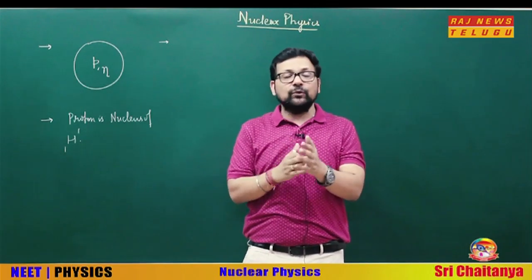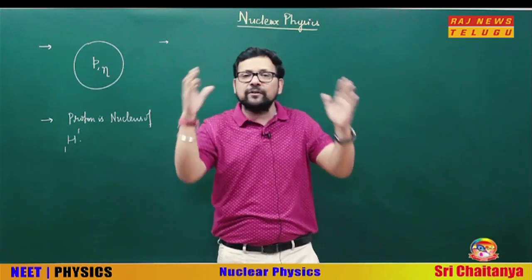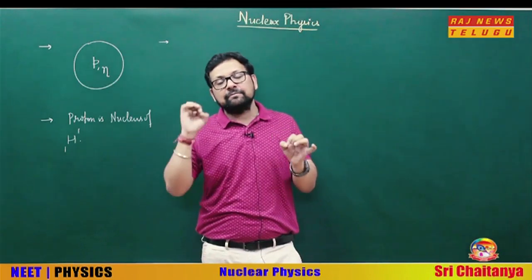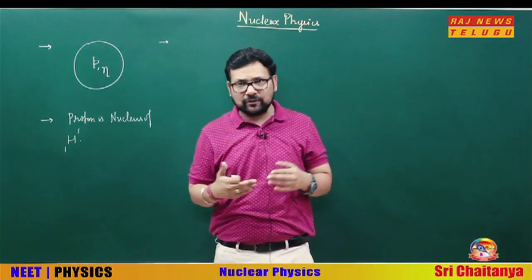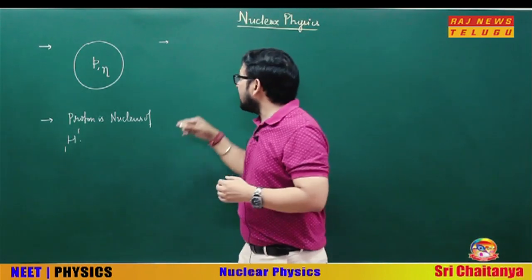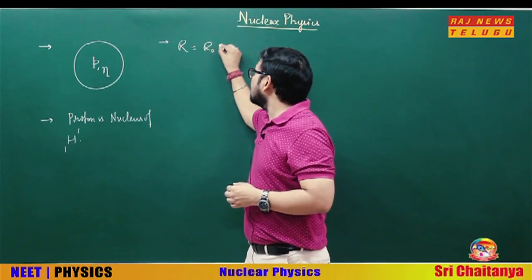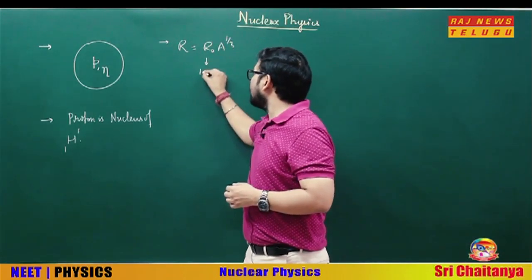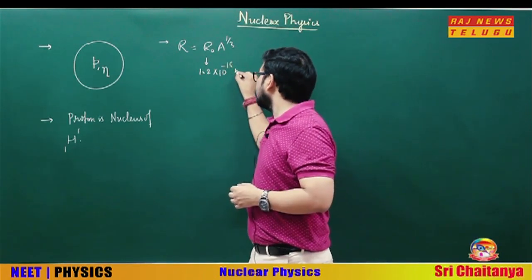Again, I am telling you, nuclei don't have a solid boundary. So defining the exact distance is not possible; it is always approximate. So before defining that, there was a radius discussion of R = R naught A to the power 1 by 3, where R naught was 1.2 into 10 raised to power minus 15 meter.